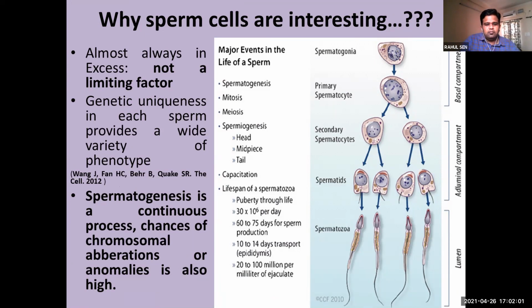There is a genetic uniqueness seen in each and every sperm with a different variety of phenotype. Spermatogenesis is a continuous process where a single spermatogonium results in 4 motile sperms. And the spermatogonia also divide mitotically to increase their number, and the chances of chromosomal aberrations or anomalies go higher and higher.